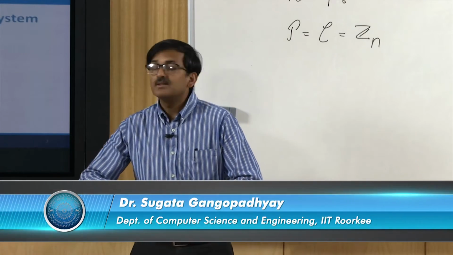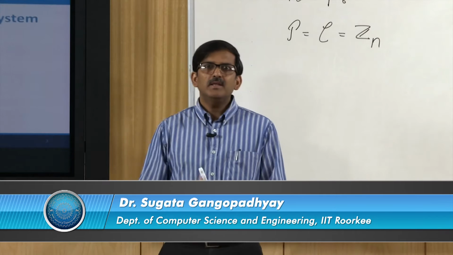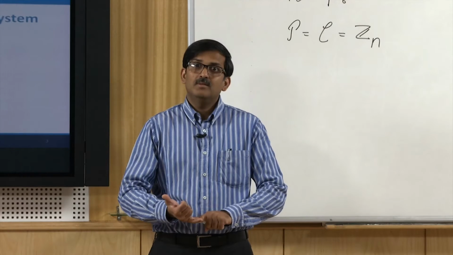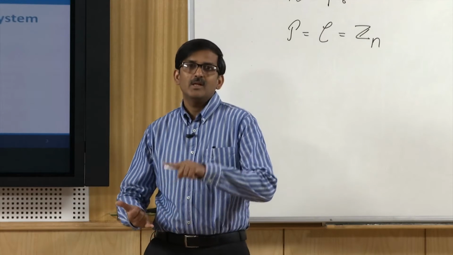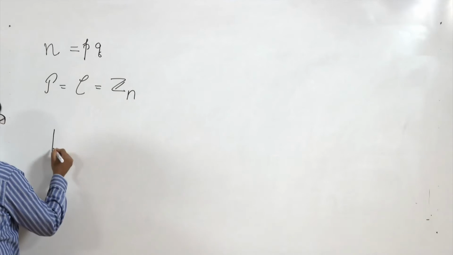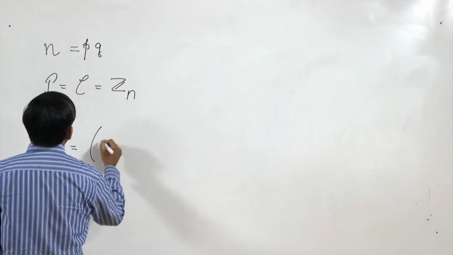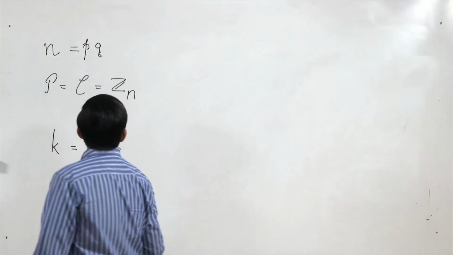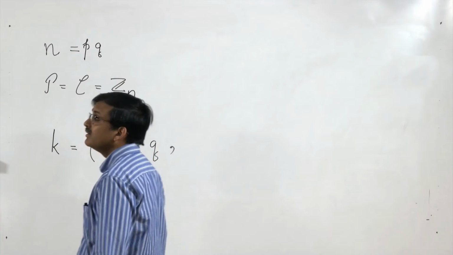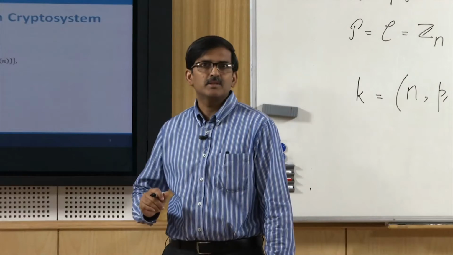Now we come to keys. Interestingly here, the key consists of n, which is the product of two primes, and the primes themselves. So, a single key for this cipher will consist of this n, and the primes which make up this n, and after that there are some other numbers.